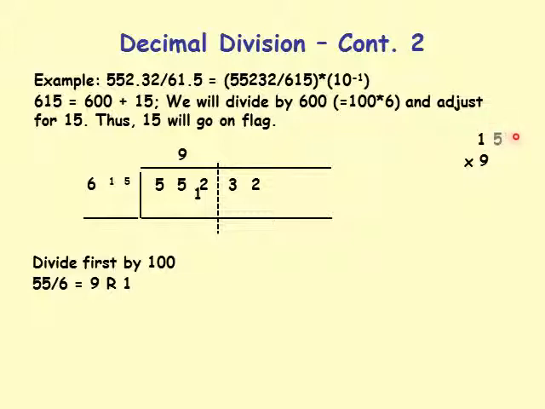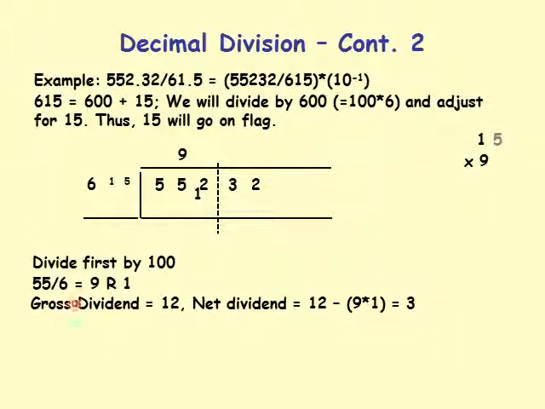So far I know 15 is my flag digits here, and I only have one quotient digit. So 5 won't play out here. The only players are 1 and 9. So the gross dividend is 12, the net dividend is 12 minus 9. 9 times 1 is 9, so we get 3 here. Then we have a 3 here.